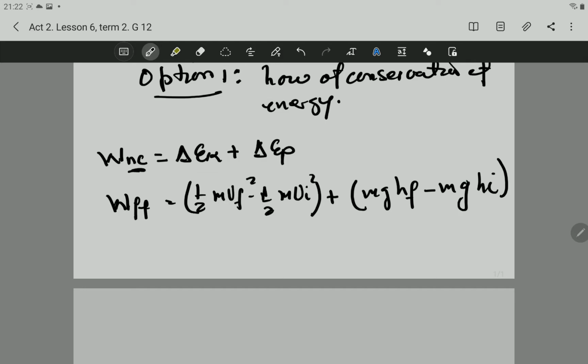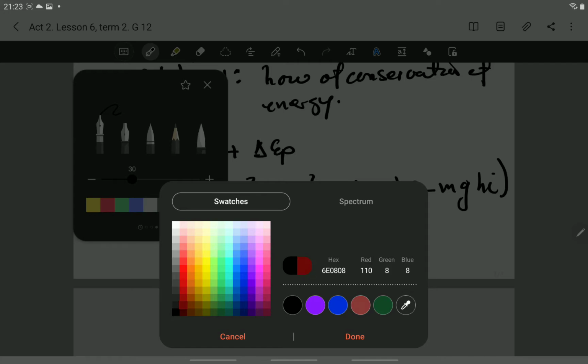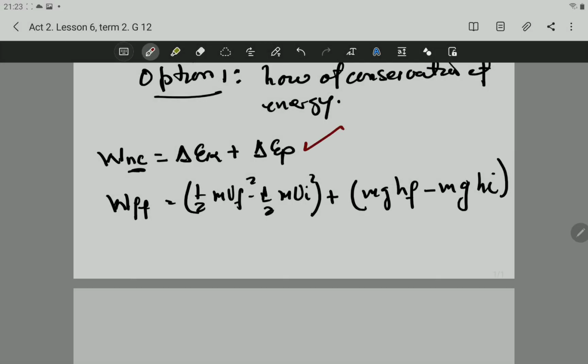All right, so this is what we are going to use. This is the law of conservation of energy. It's the work done by the non-conservative forces. Let's first calculate the work done by friction.